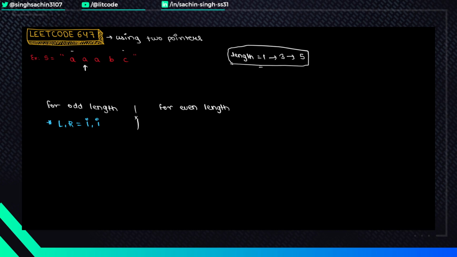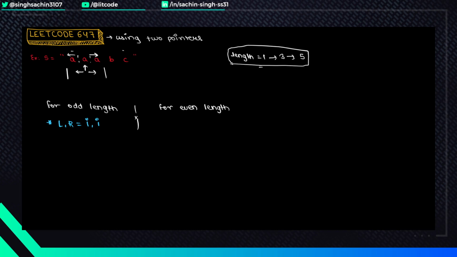Now if you expand your boundaries, this was your initial boundary, and if we get the same character on both the sides, can we say that this is also a palindrome? So this is the core logic behind it: we have a fixed position and we are trying to expand the boundaries as much as we can.